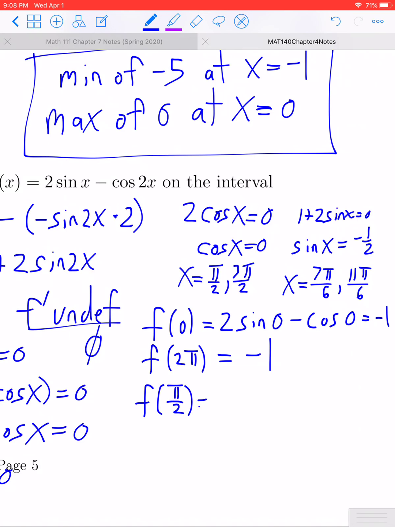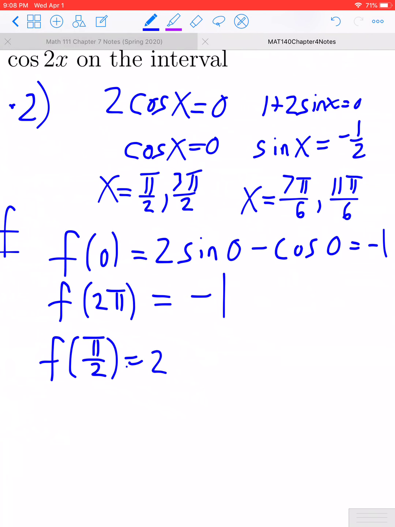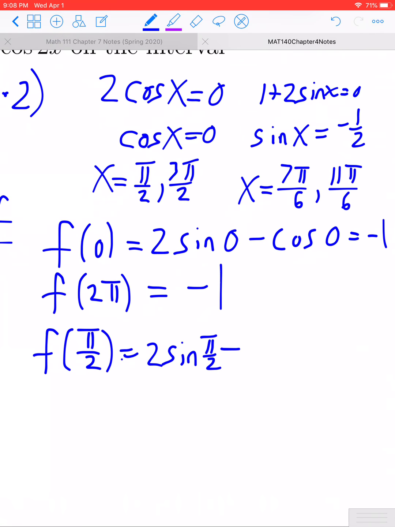F of pi over 2 is going to be equal to 2 times the sine of pi over 2 minus the cosine of 2 times pi over 2, which would be pi. The sine of pi over 2 is 1. The cosine of pi is negative 1. So we get 2 minus negative 1, which is 2 plus 1, which will be 3.